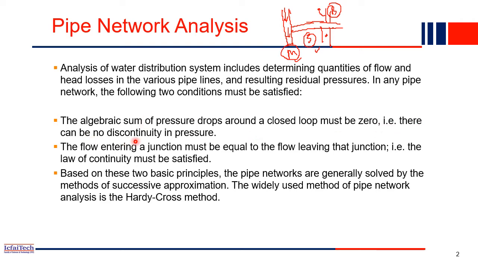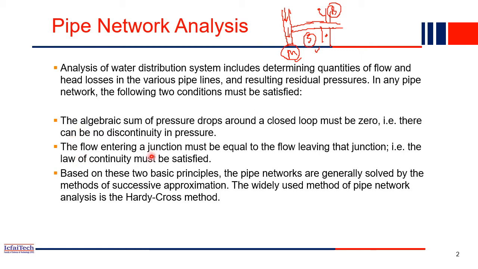There cannot be any discontinuity in pressure, meaning the total water pressure at the inlet minus the pressure at the outlet should be equal to the loss that happened inside the pipe network. So all the incoming pressure and outgoing pressure, including all the losses, we have to check. This is the first criterion you have to follow.